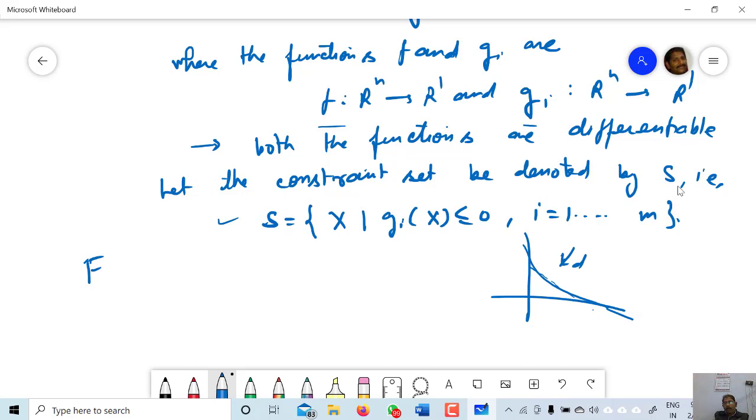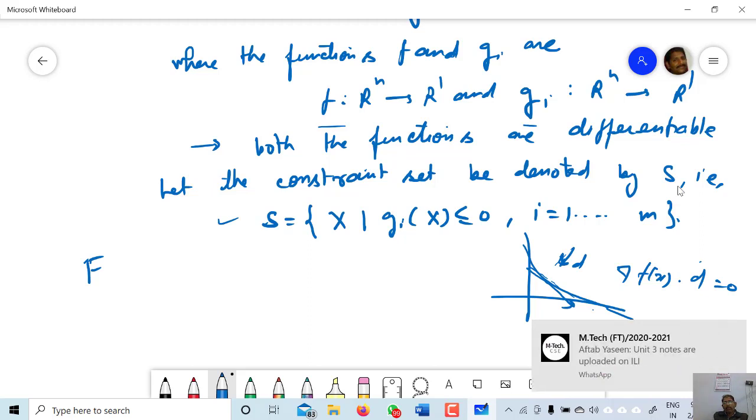Okay. The direction of gradient is this one, and the direction of vector d is this one, and when the direction of the function multiplied by the direction of d will be equal to 0, in that case d will be normal to that function.